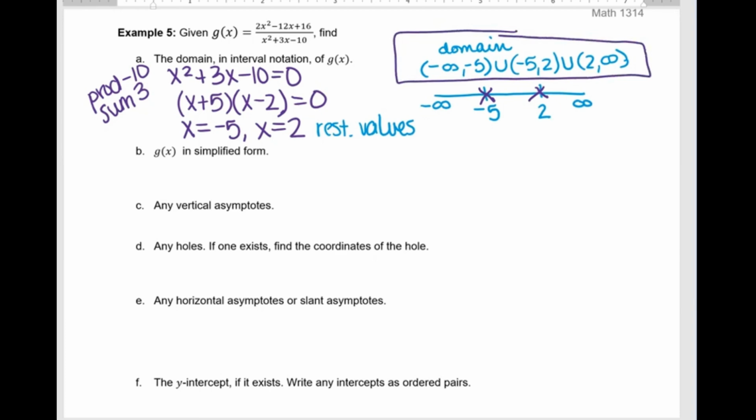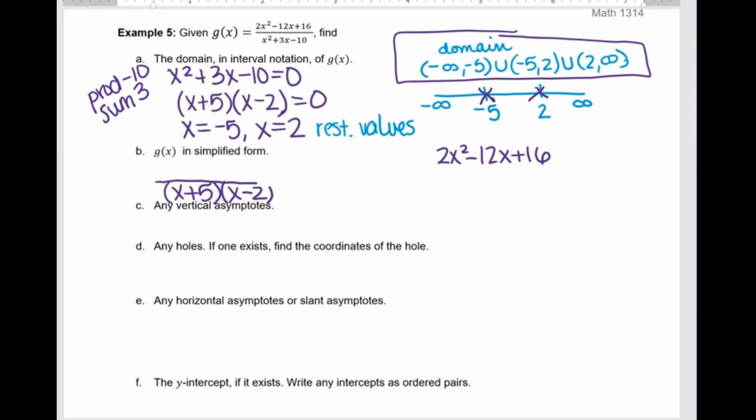In simplified form, we know that the bottom factors into x plus 5, x minus 2. But we need to see what the numerator factors into. So if we look at our numerator, we have 2x squared minus 12x plus 16. Start by taking out the GCF.